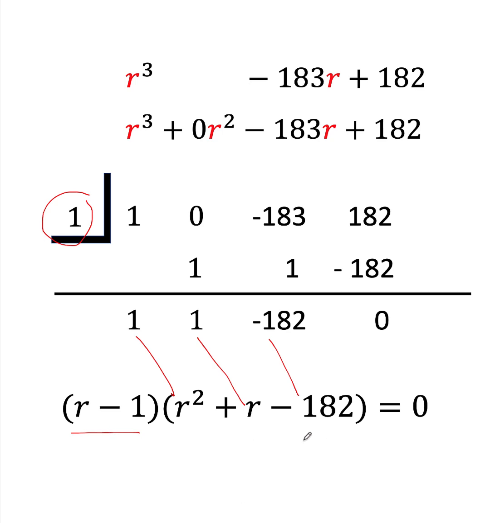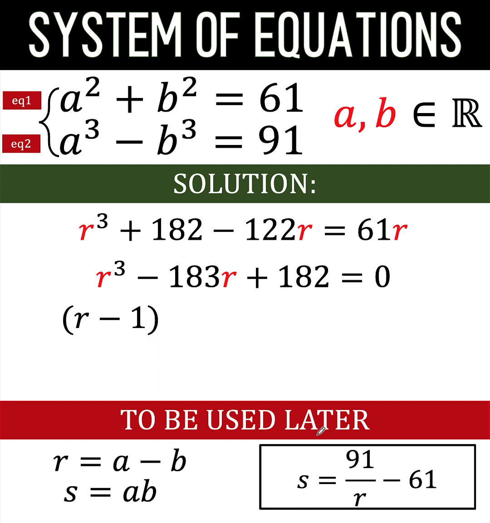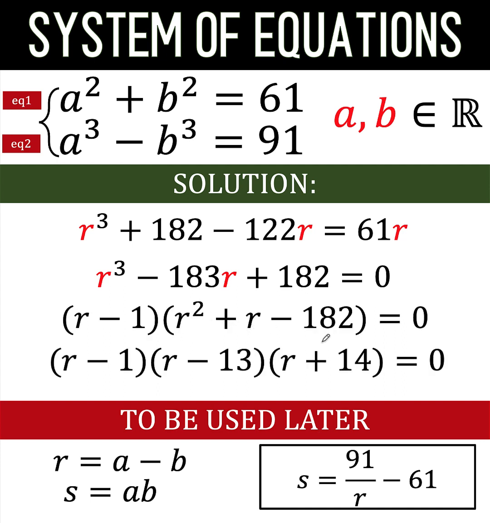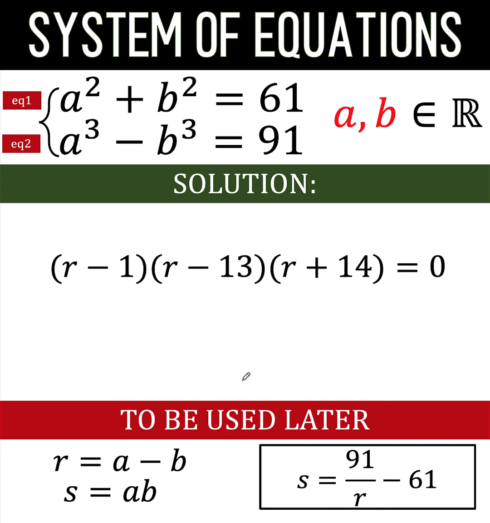So we now have this factored form, and this quadratic equation can also be easily factored. The factored form of r squared plus r minus 182 is r minus 13 times the quantity r plus 14. That is because 14 times 13 is 182, but 14 minus 13 is positive 1, which is the coefficient of r. So we have three factors, each equated to 0.